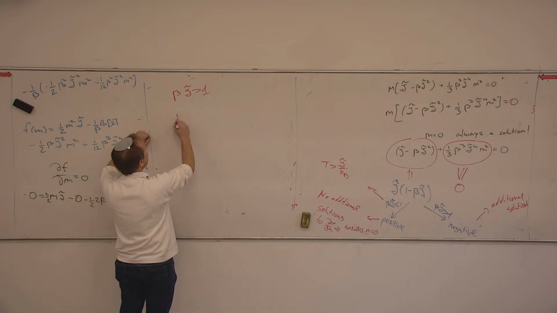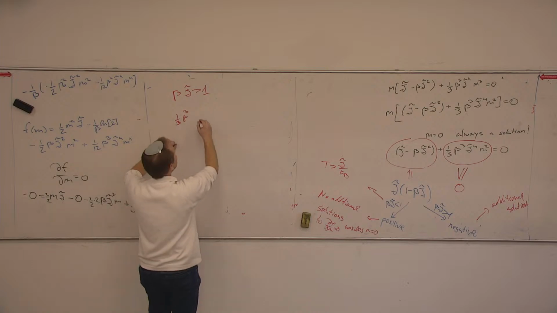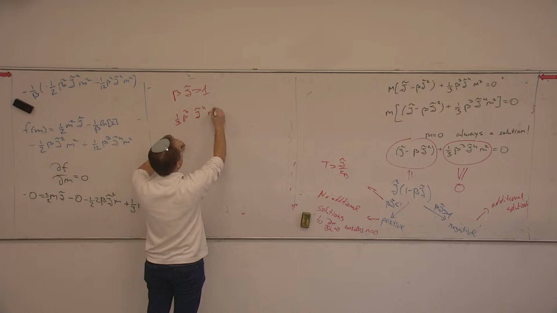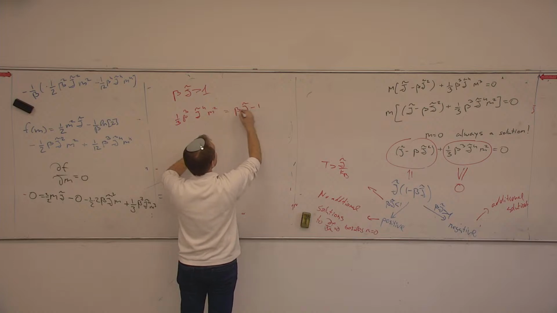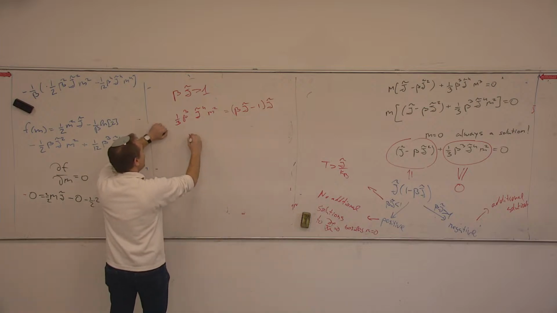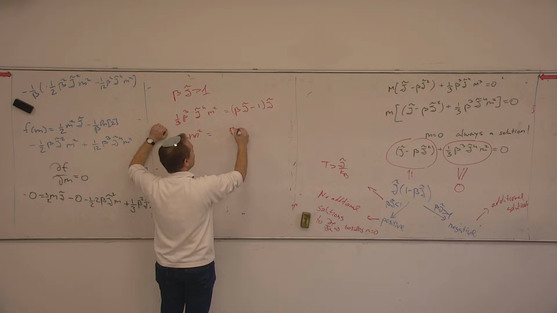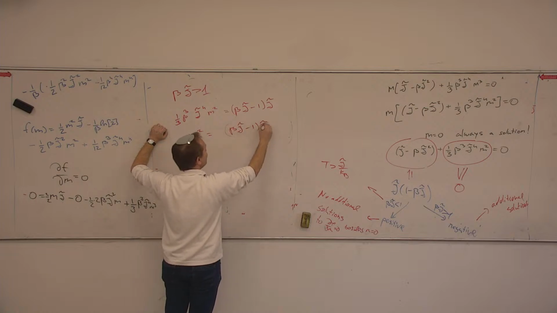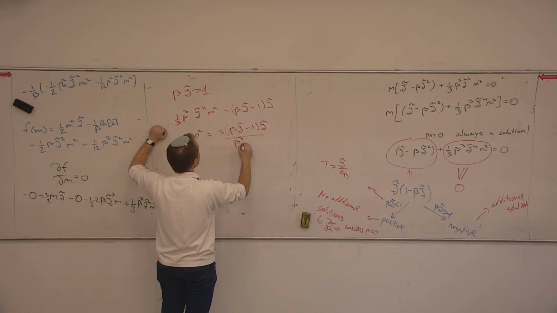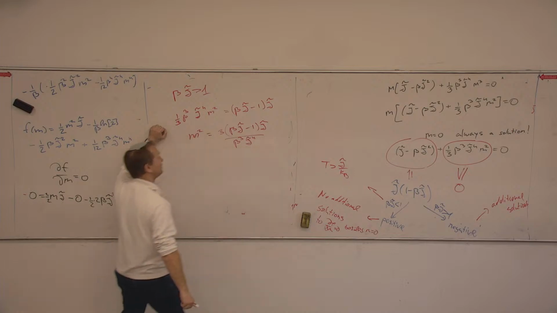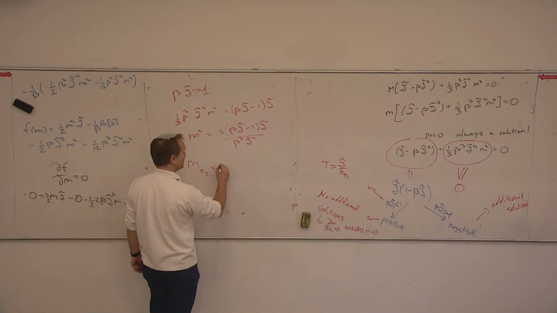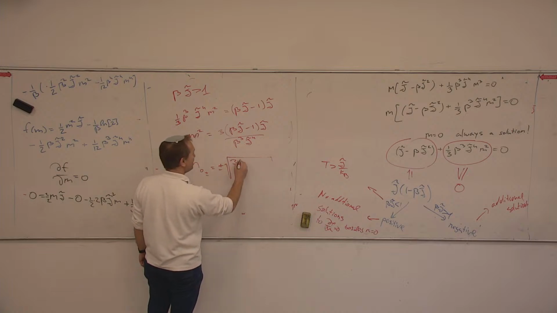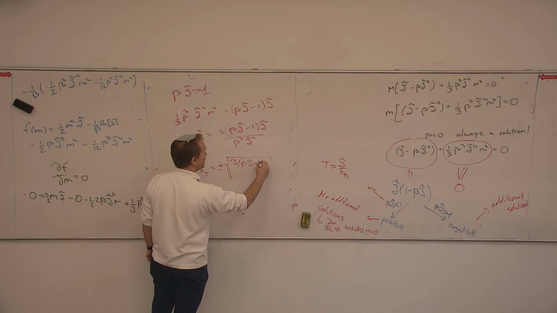Therefore, 1/3 beta to the 3rd J tilde to the 4th m to the 2nd equals beta J tilde minus 1 multiplied by J tilde, or m to the 3rd equals beta J tilde minus 1 J tilde divided by 3 beta to the 3rd J tilde to the 4th, and we have two solutions. m0 plus minus equals plus minus the square root of 3 beta J tilde minus 1 J tilde divided by beta to the 3rd J tilde to the 4th.